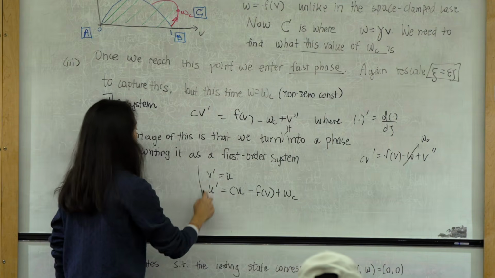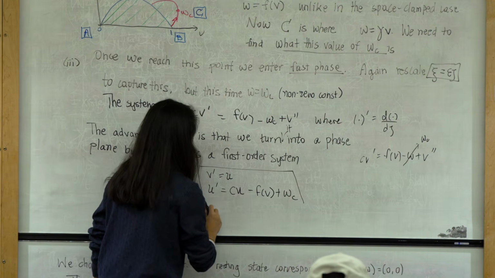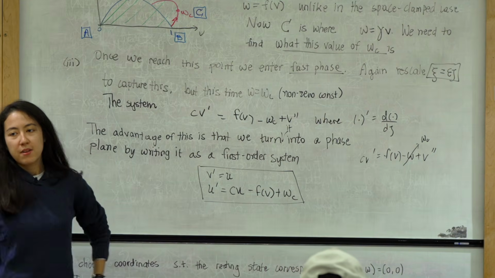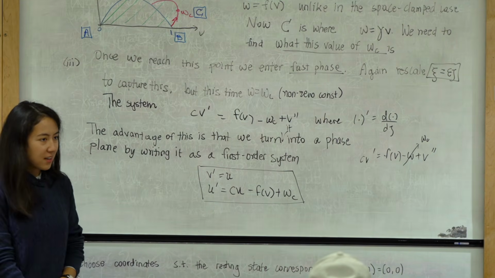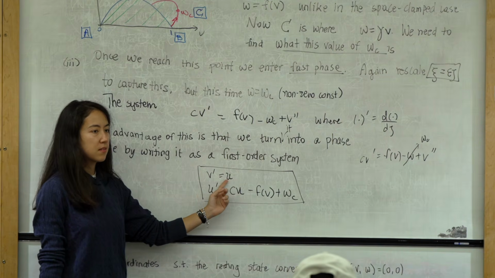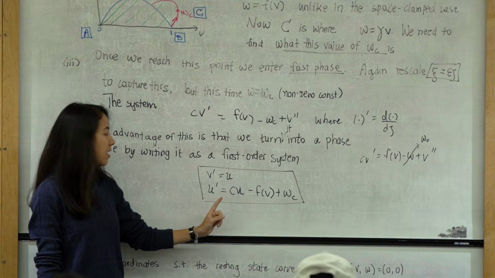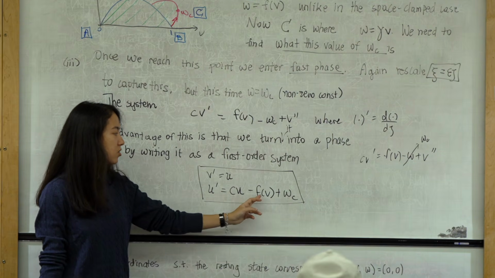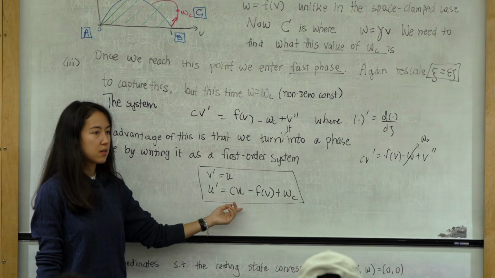Excellent. Okay, so once we have this, now we can do phase plane analysis again. So what do we do in the phase plane analysis? We look at the null-clines. Again, this null-cline, the v null-cline is just, I just know it's 0, right? If I plug in there 0, what do I get? This is just a shifted version of the one before, correct?